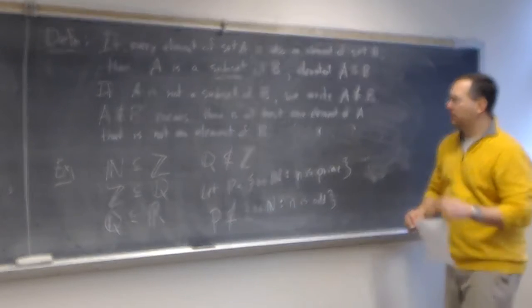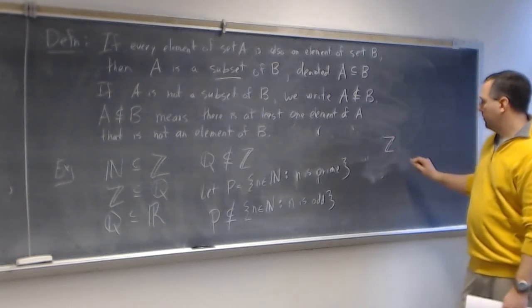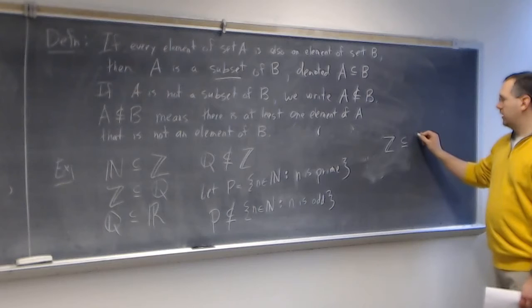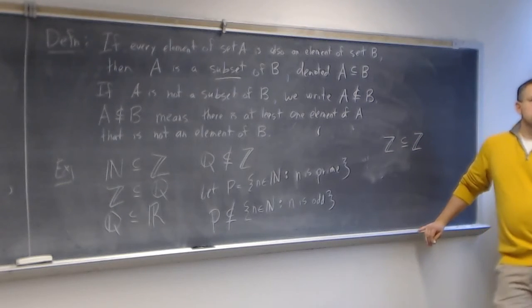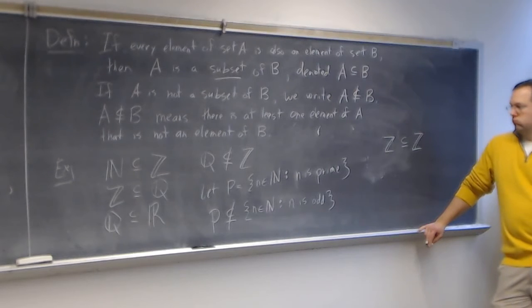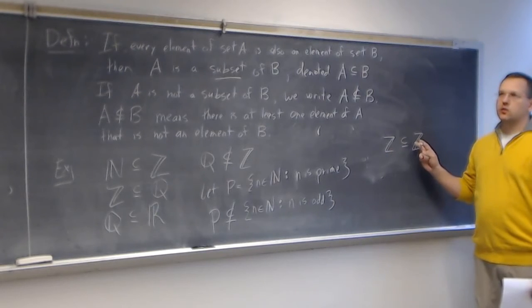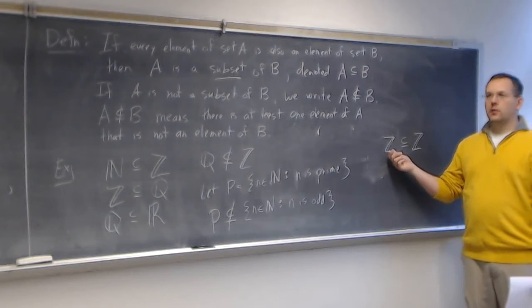How about this statement? The integers are a subset of the integers. Is that true? Are the integers a subset of the integers? Okay, so take an element of here.